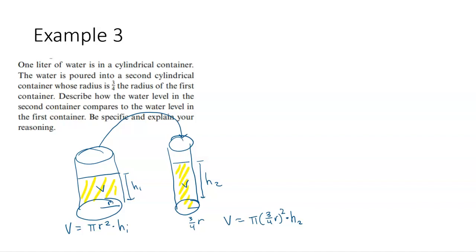So I'm going to set them equal to each other. So my first one is pi r squared times h1, and that's equal to, and I'm going to square each one of these. So 3/4 squared is the same as 3 squared over 4 squared, which is 9/16. So this is going to be times 9/16 r squared times h2.